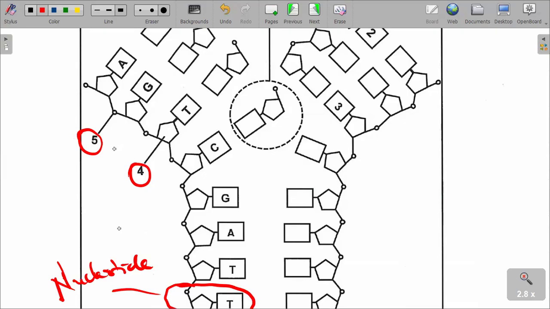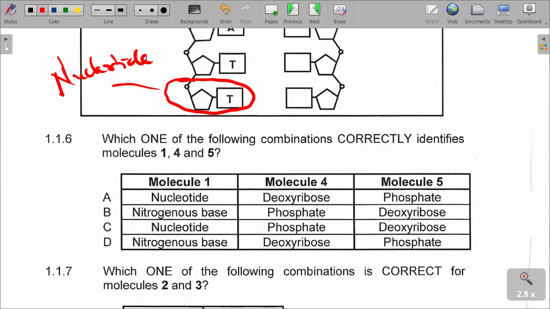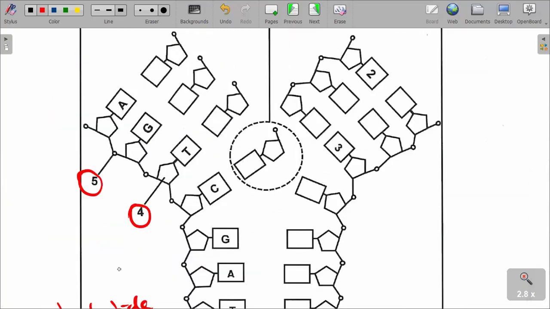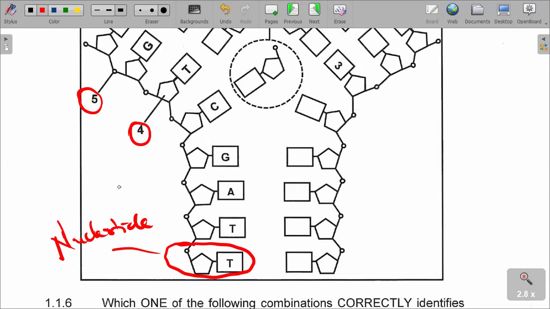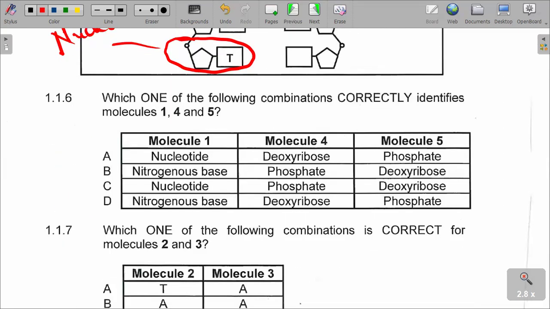So 1 is nitrogen base, 4 is the sugar, and 5 is the phosphate, which means the answer is D.